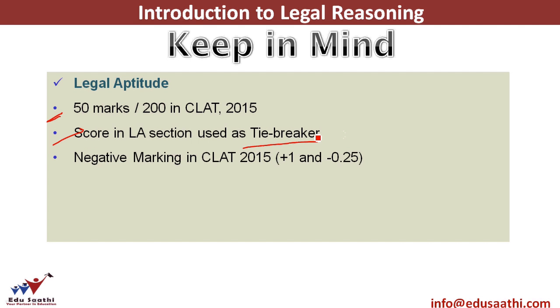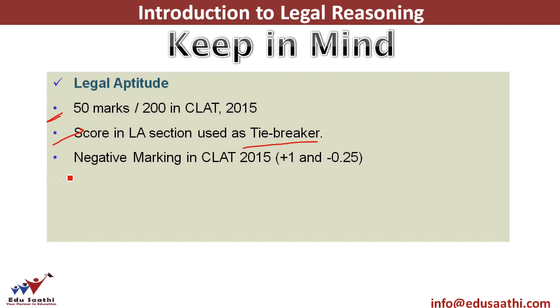By tiebreaker section, I mean that you get a better ranking with the help of the scores you take in the legal aptitude section, because if there are various students on a similar score, for example, you get a score of 50 marks and there are around 100 students on the same score, but you got more marks in legal aptitude section as compared to the other 99 students, then you will have a better ranking in total, because this section is used to break the tie between the students who have similar total scores. So this section is automatically given more importance since it's a law entrance exam. So legal aptitude section is the most important section, which is used as a tiebreaker section.